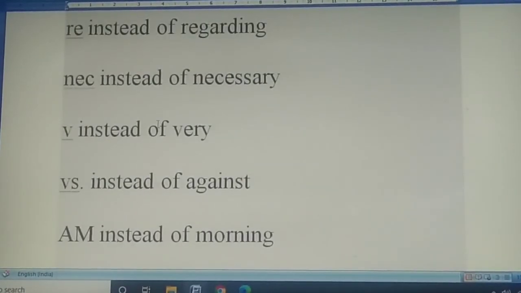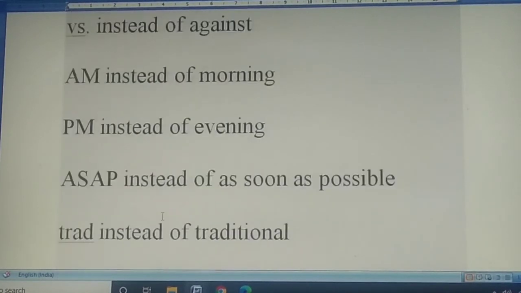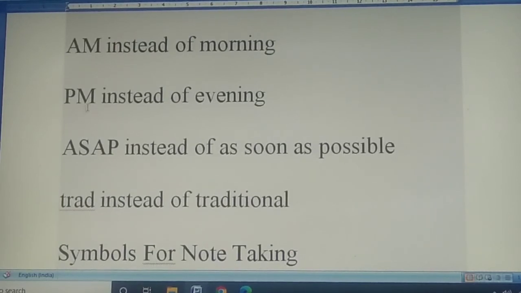NEC, necessary. V instead of very. VS, versus, against. This versus that we say. AM is for morning. The full form is, do you know, ante-meridian. PM, post-meridian. So you have it in geography and all. ASAP instead of as soon as possible.